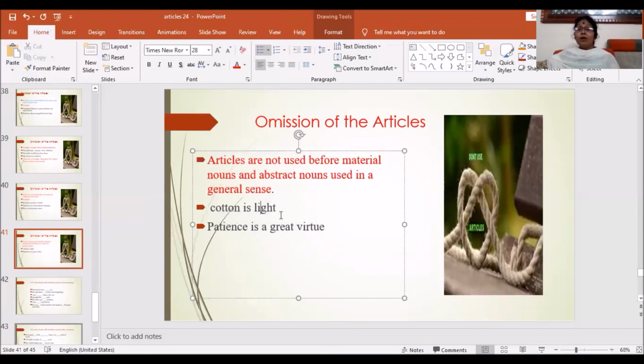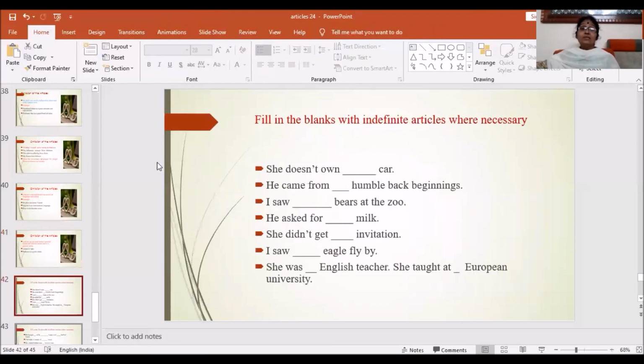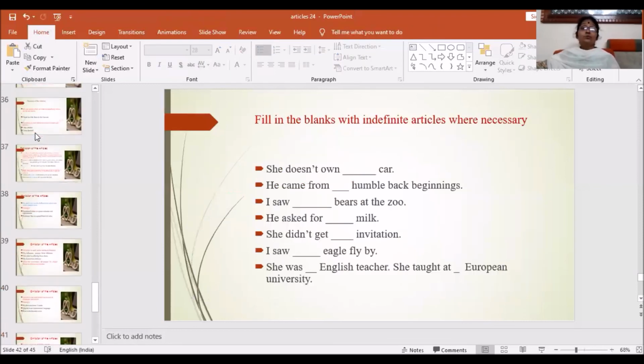For example, cotton is light, patience is a great virtue. These examples say that we do not use articles before material nouns and abstract nouns when we are using them in a general sense, right? So this is where you should not use your articles.